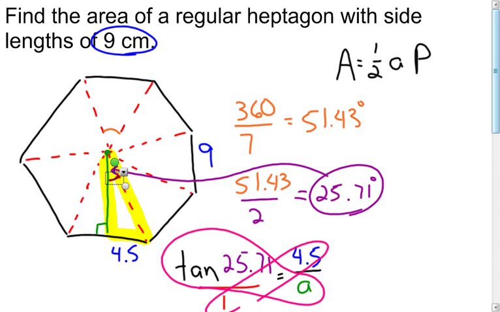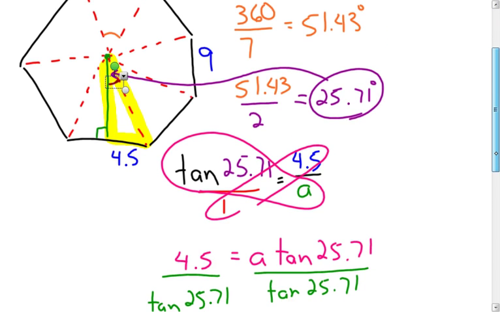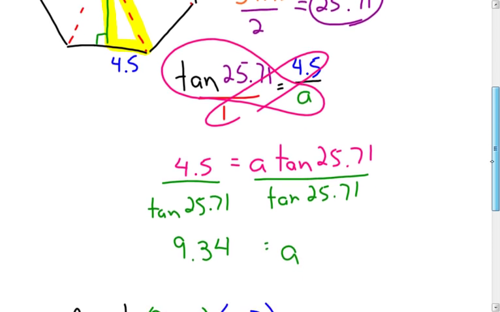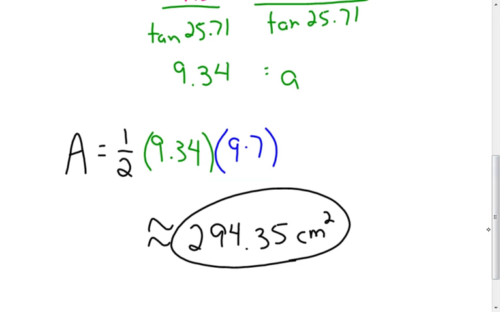Once you do that, you can use trig to find whatever piece you need. Sometimes you may need the apothem, sometimes you may need to find this one, but you can use trig to find it. And then once you have all the pieces, plug it back into your area formula for a regular polygon, and you'll have it. And that's where I'm going to conclude my examples on areas of regular polygons.